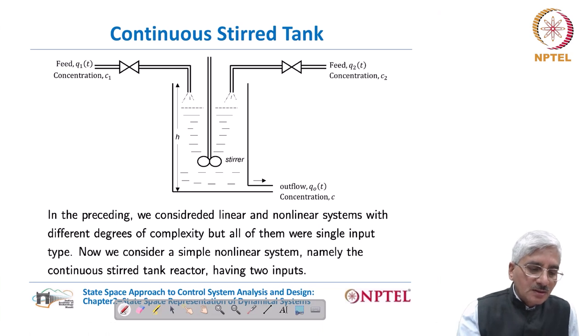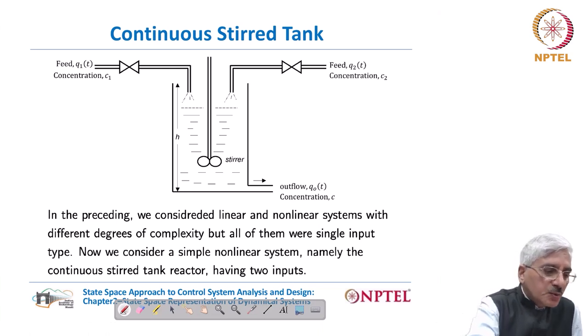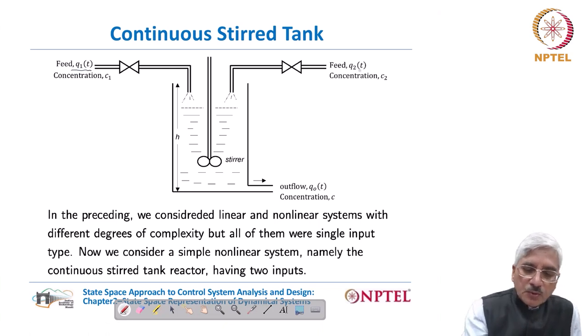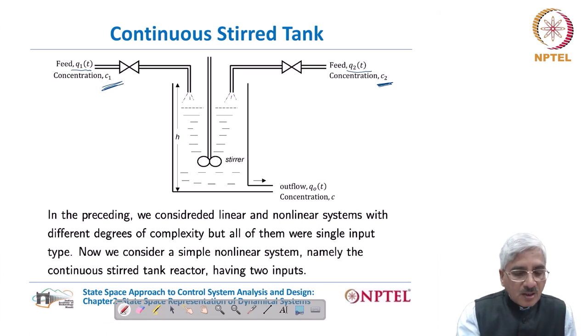Schematically it is shown here. There are two feeds, Q1 and Q2. Q1 is shown here, Q2 is shown here, containing some liquid of concentration C1 and another liquid of concentration C2.